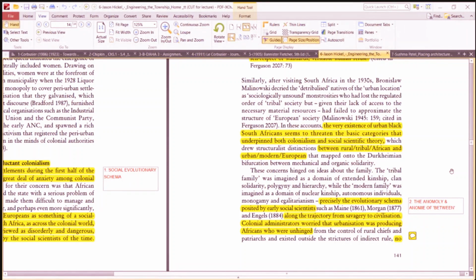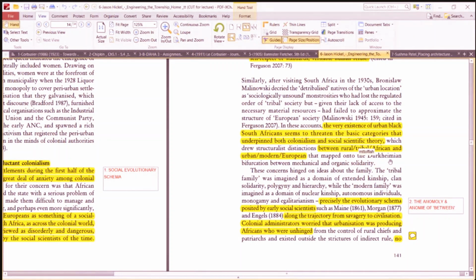But now we have these people that want to be in the city, that want to be urban and modern and live amongst Europeans. This is almost like turning the whole world upside down. It threatens, Jason Hickel says, the very basic categories that underpin colonialism and its scientific ideas about society.